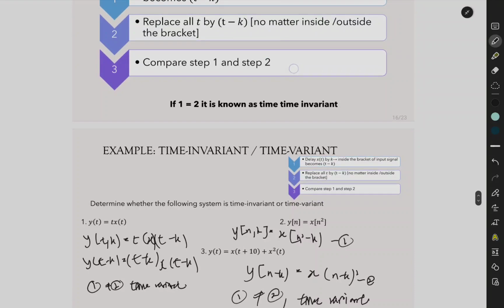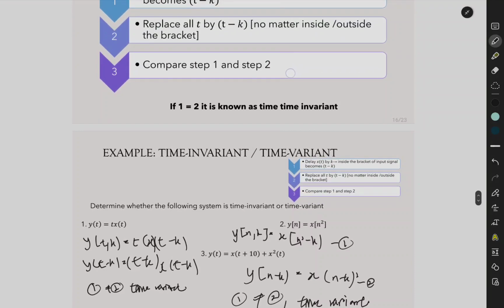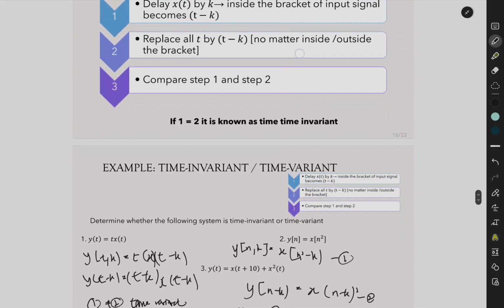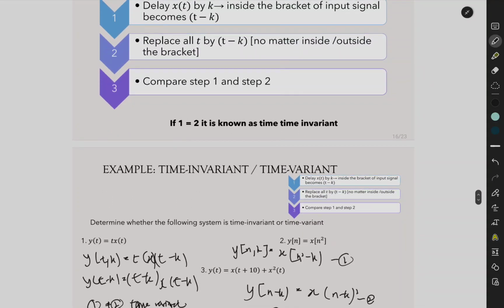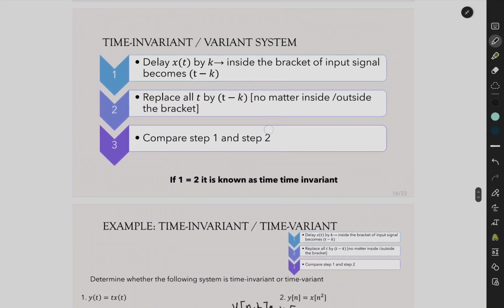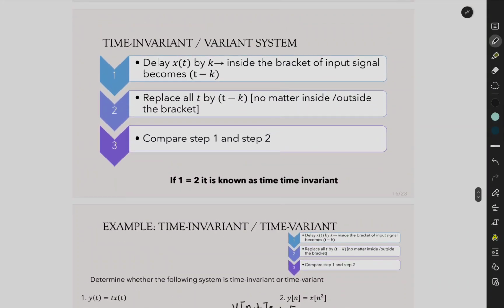If equation 1 and equation 2 are the same, then the system is called a time invariant system, because when the system faces a time shift, the output will also face the same time shift as the input.